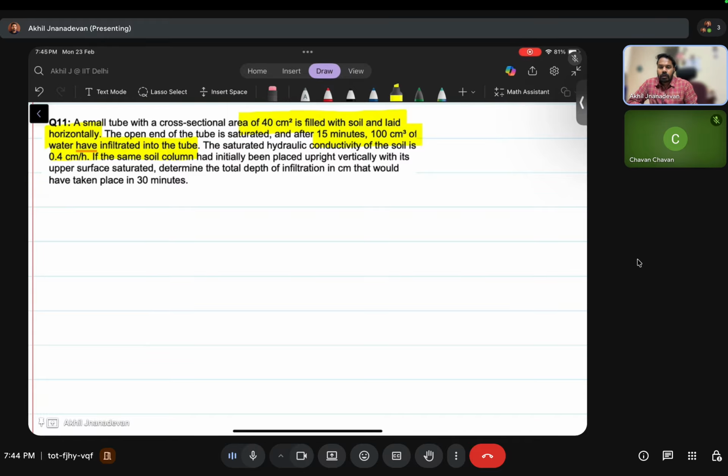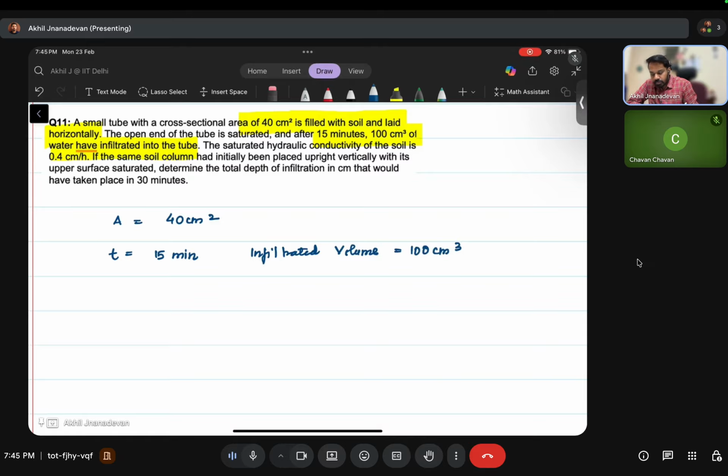So the hydraulic conductivity K. We can note down: area is given, it is 40 centimeter square, and the time t is 15 minutes. The total infiltrated volume is equal to 100 centimeter cube, right?